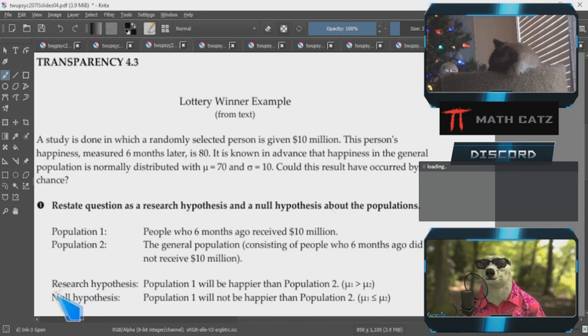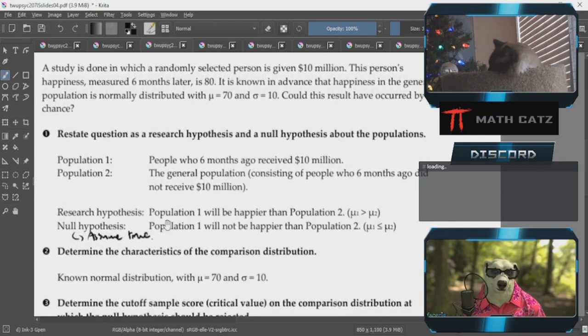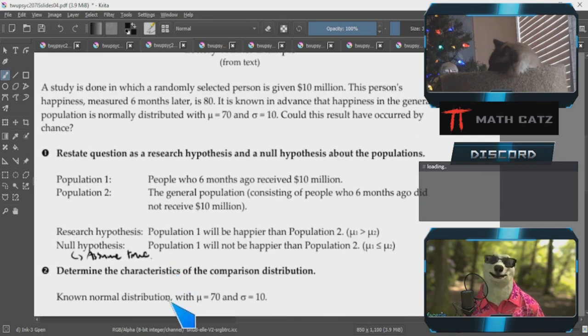So we'll assume the null hypothesis is true. Assume this is true, and then explore what the evidence suggests. Now our comparison distribution is going to be the normal distribution, mean 70, and standard deviation 10. Let's visualize.